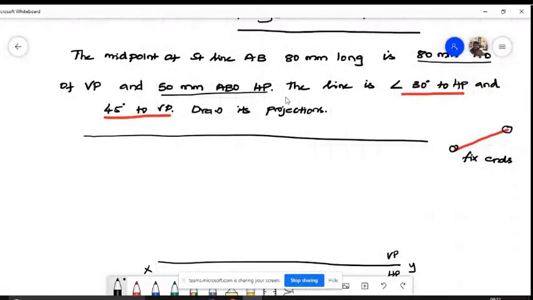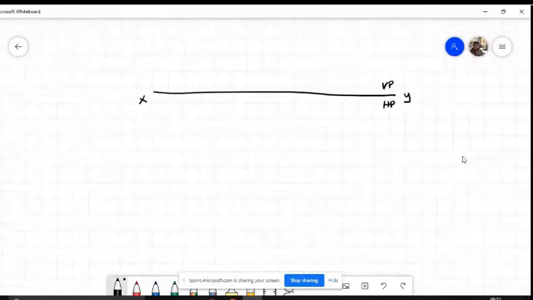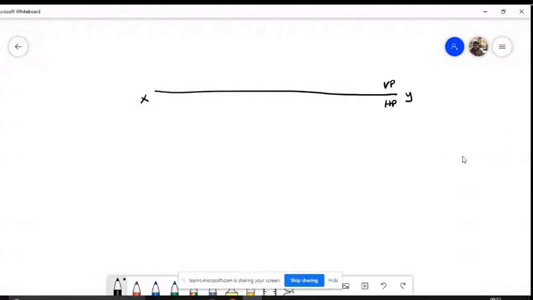The midpoint is 80 mm in front of VP. So will the 80 mm be visible in the front view or top view? Sir, top view. Yeah, top view. I hope by this time everyone would be familiar with these concepts. So that 80 mm will be visible in the top view.